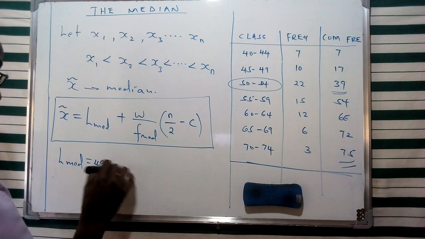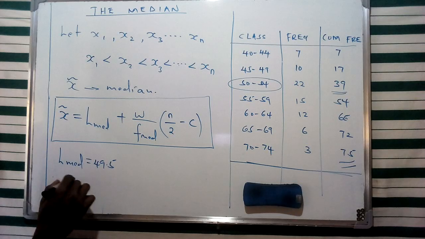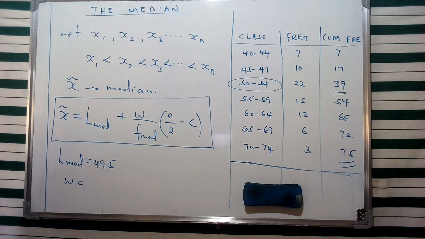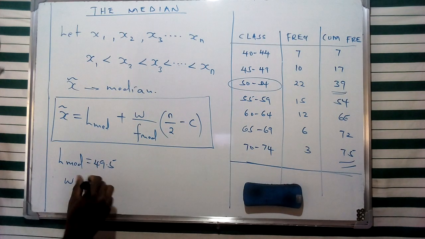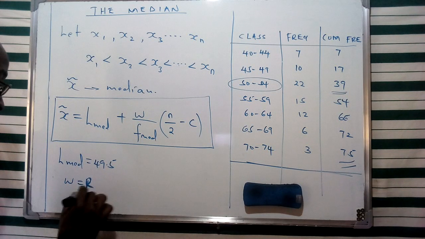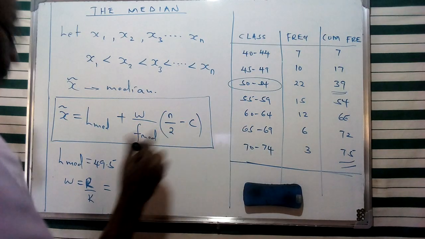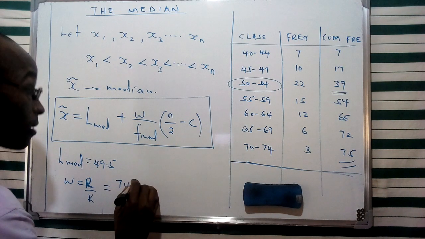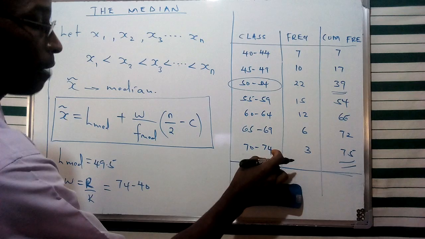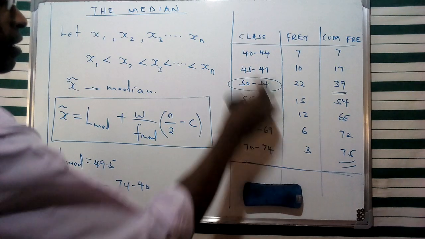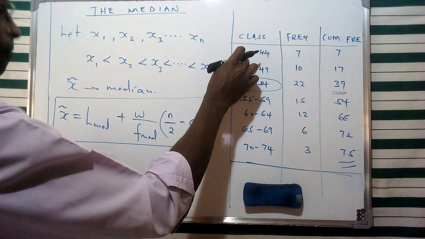49.5. So our lower class boundary is represented as 49.5, and we shall have a class width as the range over K, where R is the range over the number of classes. The range is the difference between 74 and 40, which is the upper class boundary of the last class minus the lower class boundary of the first class.